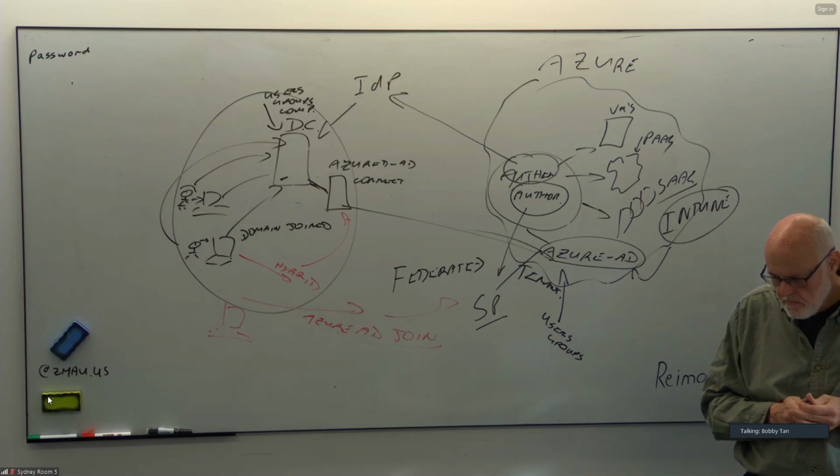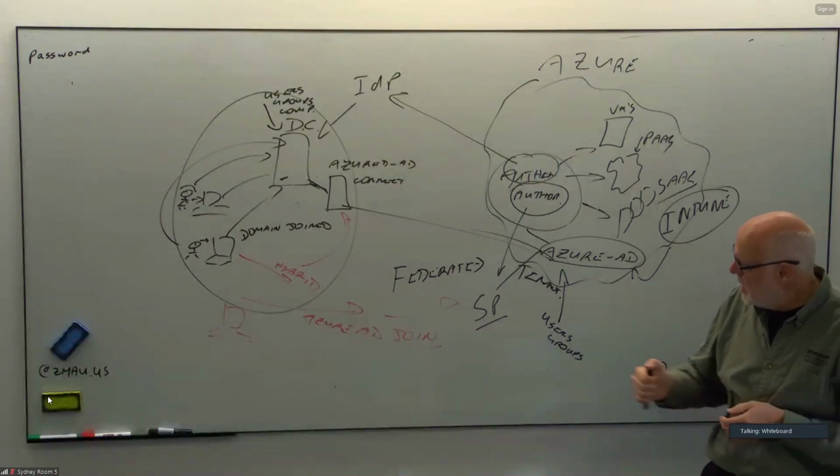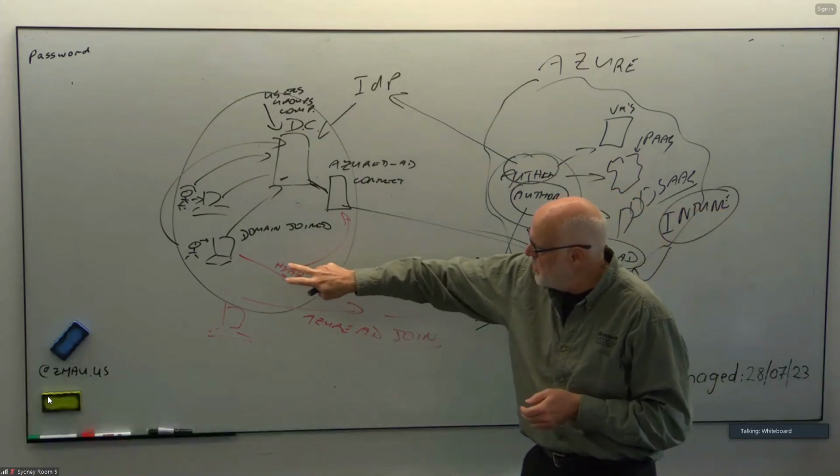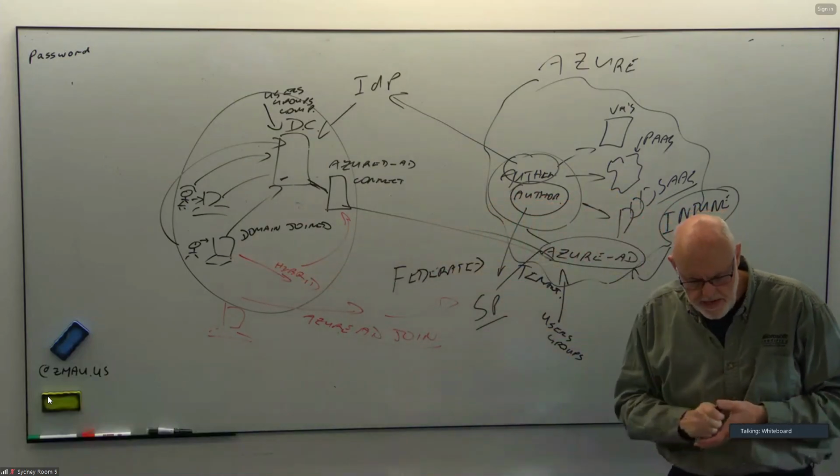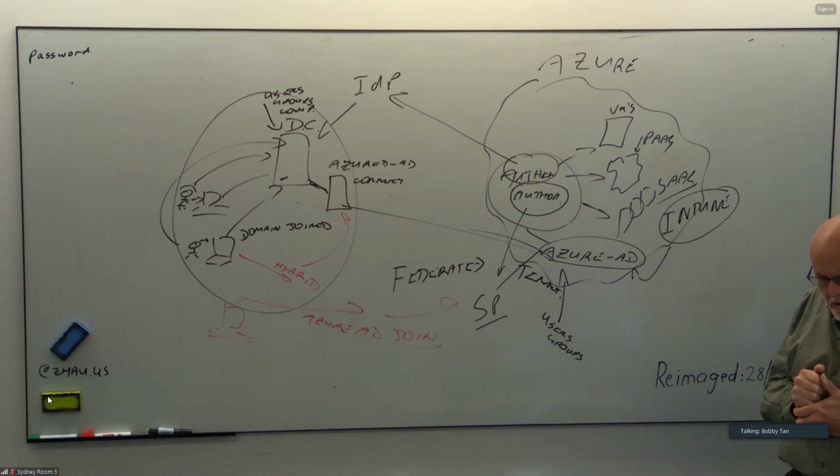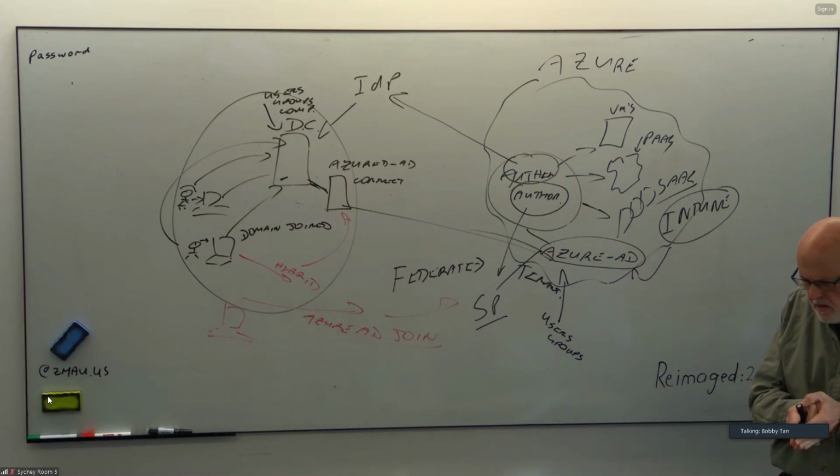So the moment the user logs in, it automatically picks it up as a hybrid joined device. Is that correct? Yeah, so in the case where it's domain joined and you've done a hybrid join. So when the user logs in, it recognizes that it's already hybrid Azure AD joined.